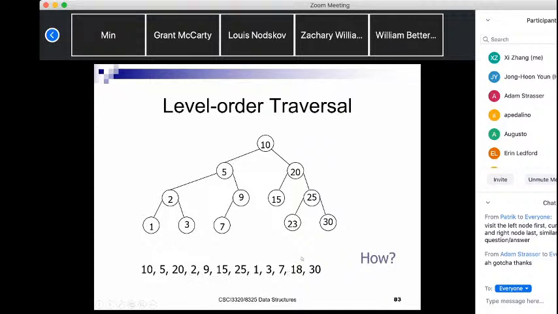Sorry for the typo. Okay, so how can we print nodes according to the level order? That's what we want to talk about, right? So that's part of the programming assignment. If you use a queue data structure, you can easily implement it.